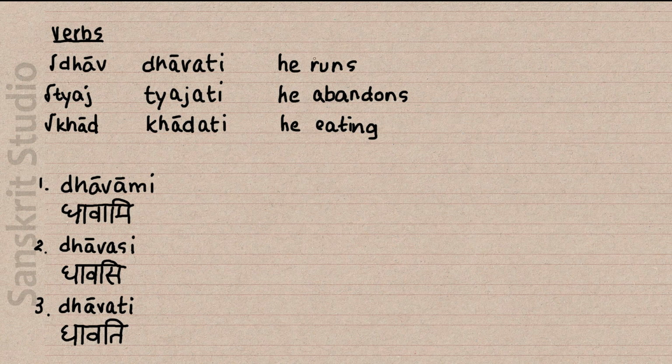It's the default value, we can say. So whenever we see dhāvati, we may think he runs, because often it is something masculine that runs. But it may also be something of feminine or neuter grammatical gender, so it may actually be she runs or it runs.